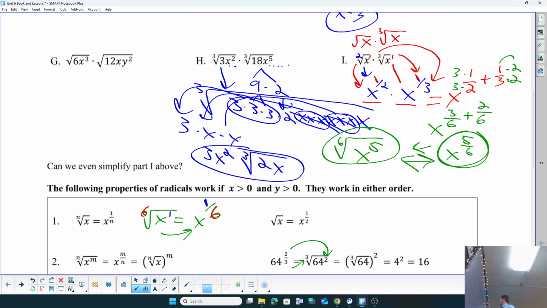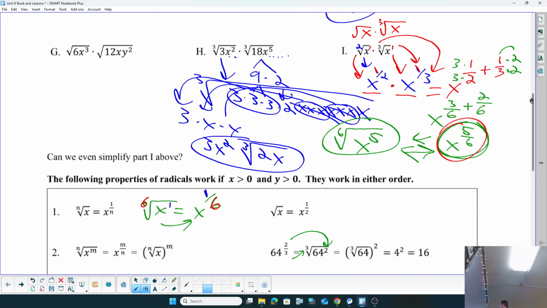The cube root is x to the 1/3. If you have the same base, you can just add the powers, so we get x to the 1/2 plus 1/3. Then with a common denominator, 3/6 plus 2/6 is 5/6, which is our answer.